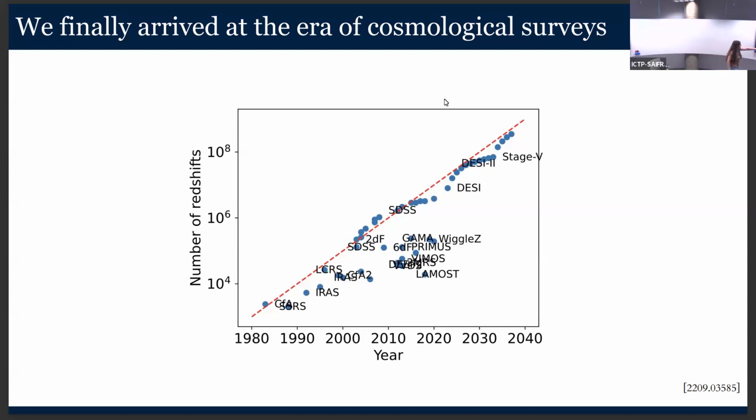In 2025, next year, the Vera Rubin Observatory will start the Legacy Survey of Space and Time, LSST, and the expectation is of 10 to the 9 photometric redshifts. So you can put it up here. But this is basically showing the spectroscopic surveys.